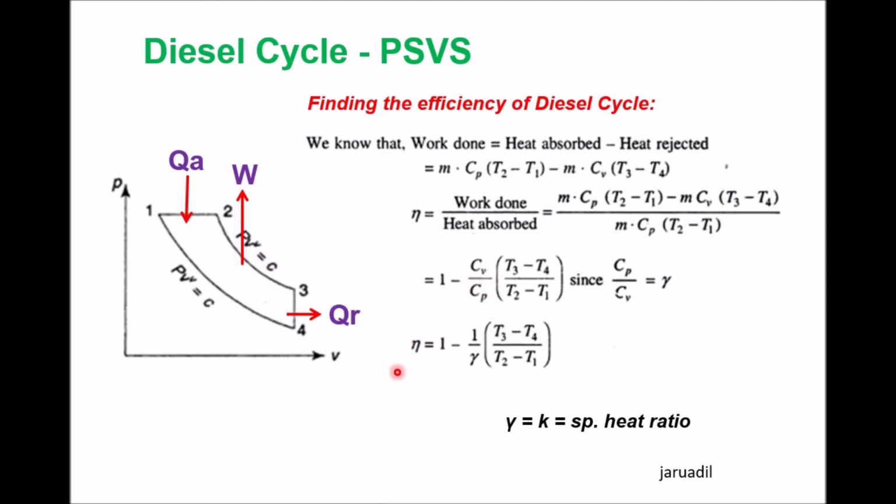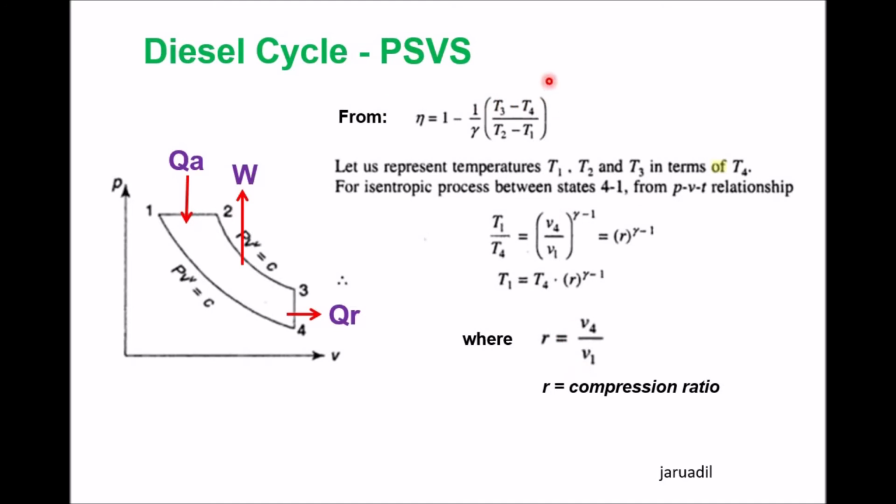Then the general equation is n minus 1 over gamma, or the specific heat ratio, multiplied by T3 minus T4 over T2 minus T1.